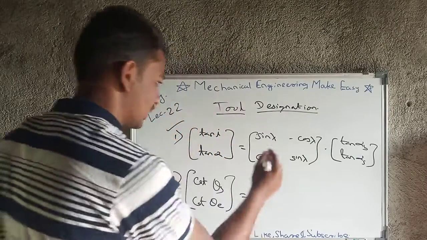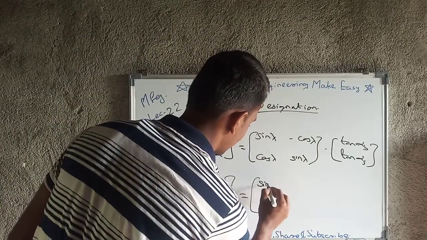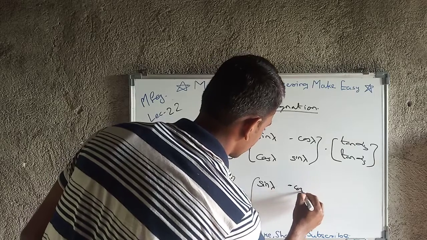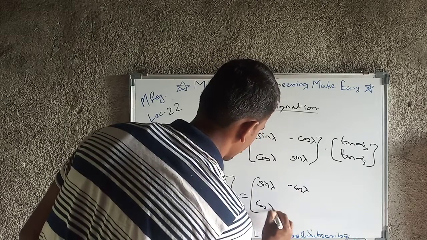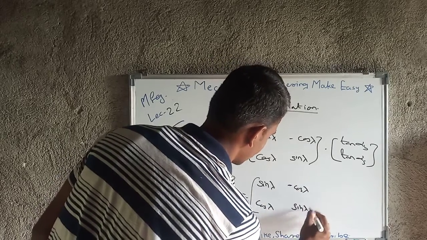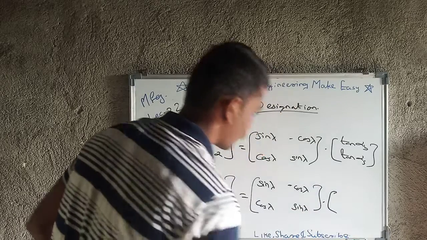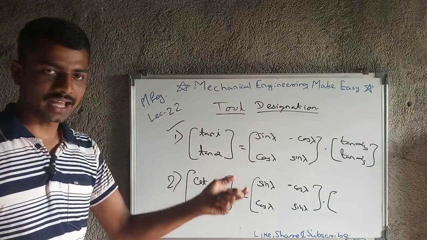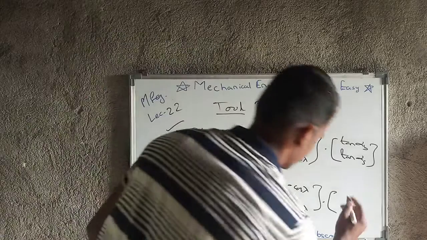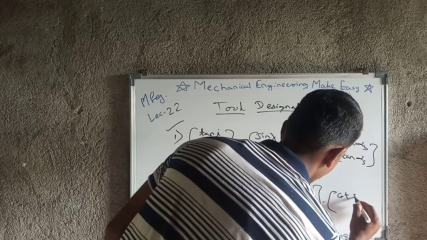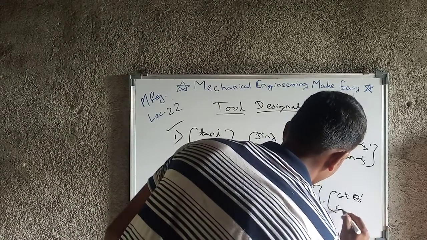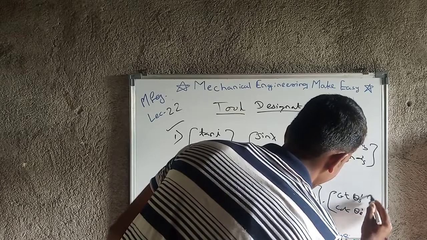Here again the same matrix will be there, that is sin lambda, minus cos lambda and sin lambda, and here the parameters will be theta s dash and theta e dash, cot theta s dash and cot theta e dash.